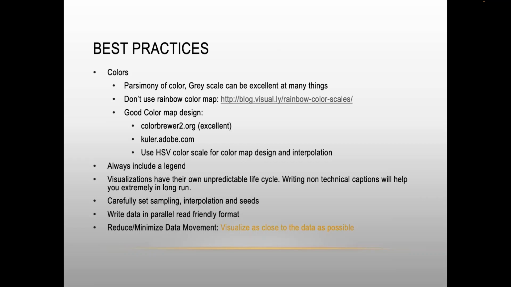So, some best practices when you're working with visualization. While in visualization we often think that we are talking about creating pictures, and inherently those pictures have colors, you've got to be very, very careful with colors. So the idea is to use the least amount of color you can.